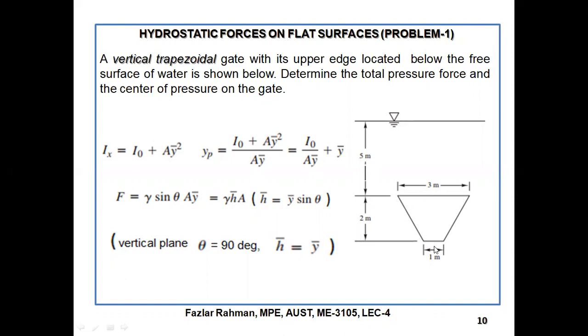And the height of the trapezoid from here to here is 3 meters. This length is given. Now you need to figure out the total pressure force F, and Y_P, the center of pressure on the gate.